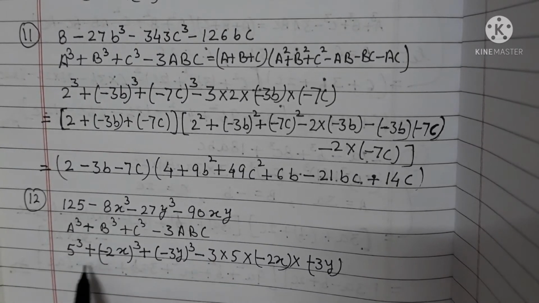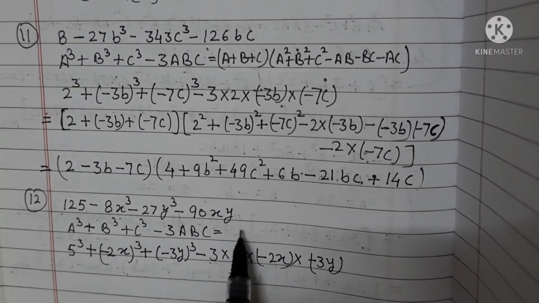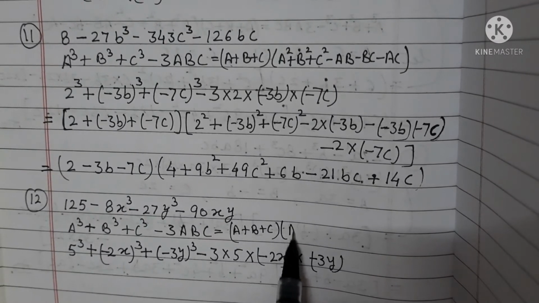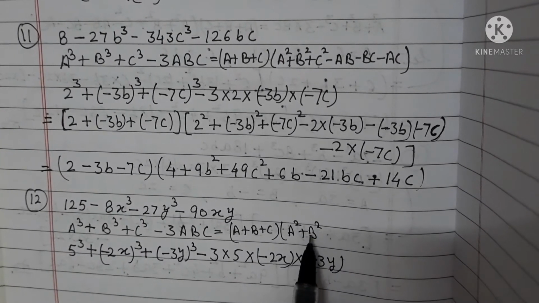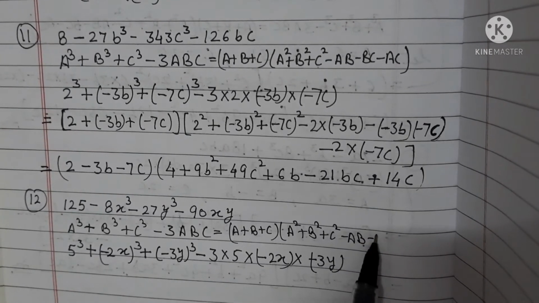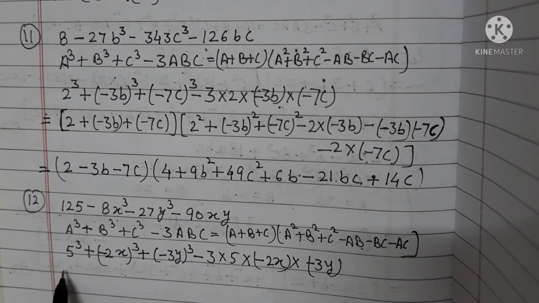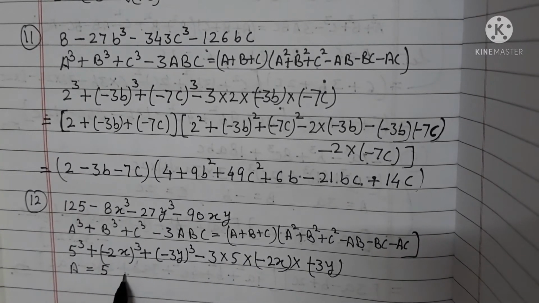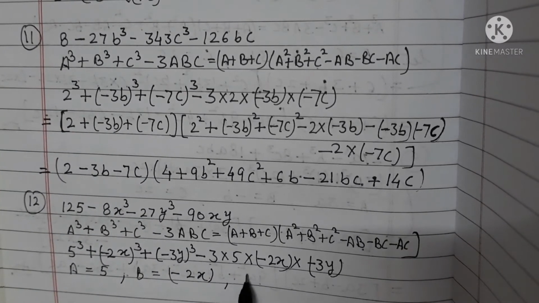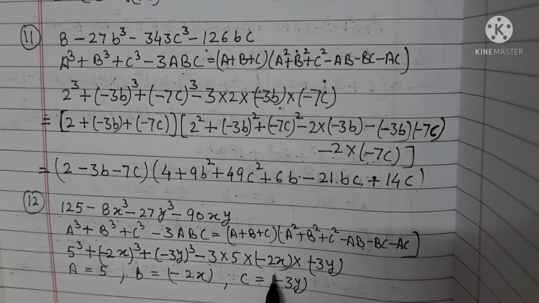Convert it in the factors of this expression: (a plus b plus c)(a square plus b square plus c square minus ab minus bc minus ac), where a is equal to 5, b is equal to minus 2x and c is equal to minus 3y.